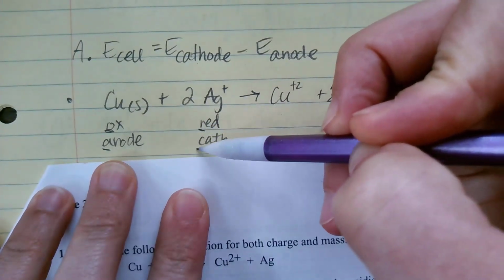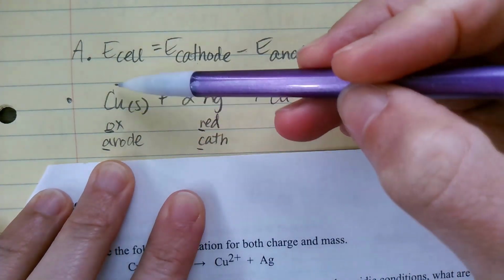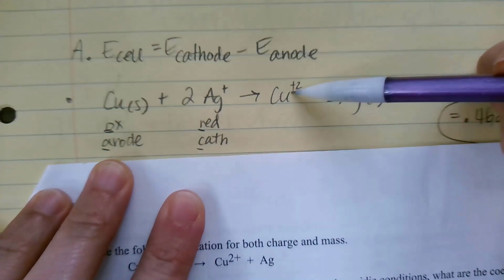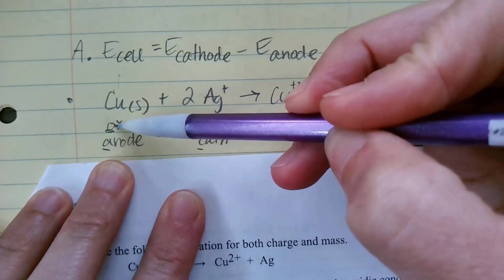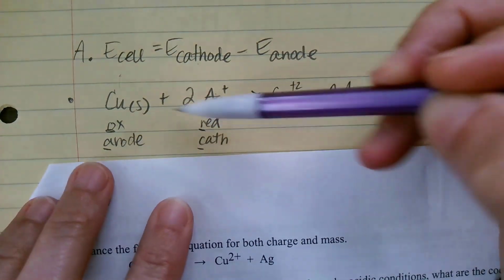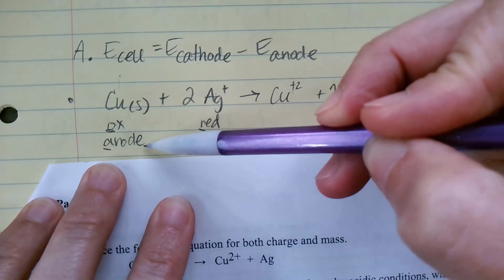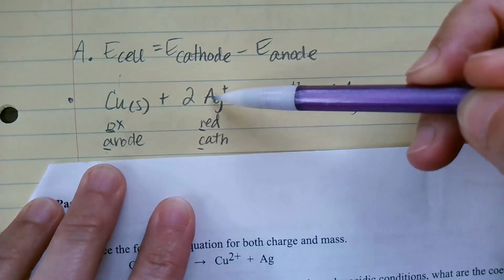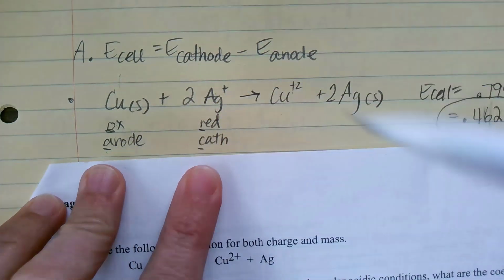Whoever's being reduced is the cathode. So we already figured out that copper, going from copper to copper plus 2, is being oxidized, and the silver is being reduced. So our copper half reaction will be our anode, the silver half reaction is the cathode.